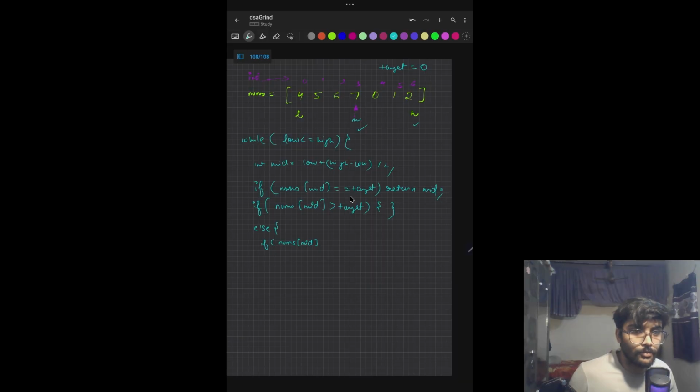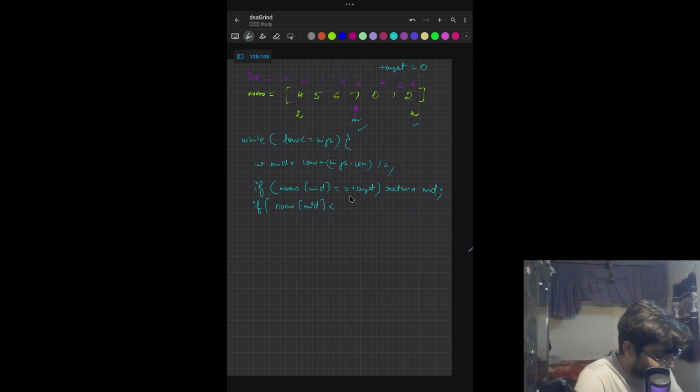I was doing it wrong. I forgot it in one day. Let's go back to what happened. In that case, nums mid was less than target. No, it is not.